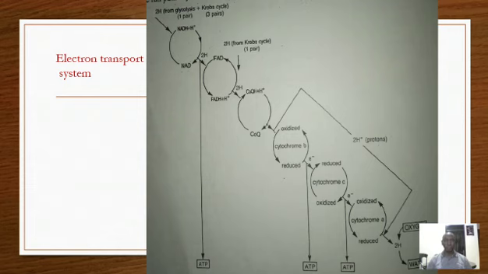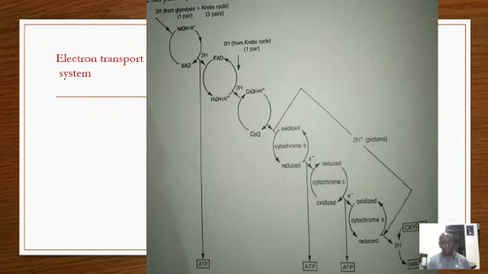At this point, we are seeing that NADH2 loses the hydrogen atoms, which are then taken up by FAD, leading to liberation of the first ATP molecule. The FAD is then reduced to FADH2, which in turn loses the hydrogen atoms.